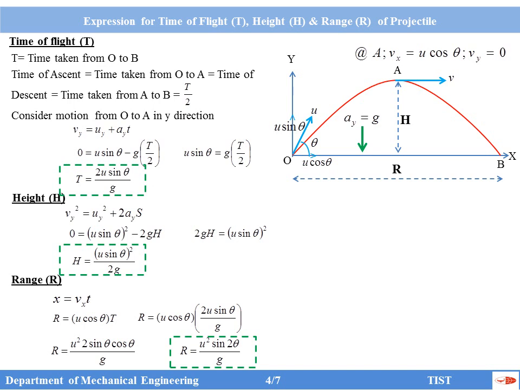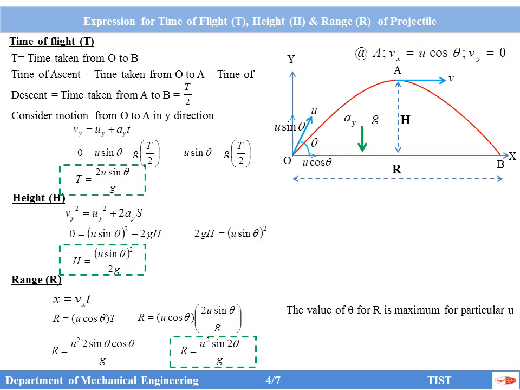Now one more thing, if you look at the equation of range, what will be the maximum value of range? For a particular projectile motion, u is constant, right? So suppose you can change the angle theta for a particular projectile motion. You have the provision to change the angle theta. For a particular u, what is the maximum value of R? Maximum value means sin 2 theta is 1, that is the maximum value, right?